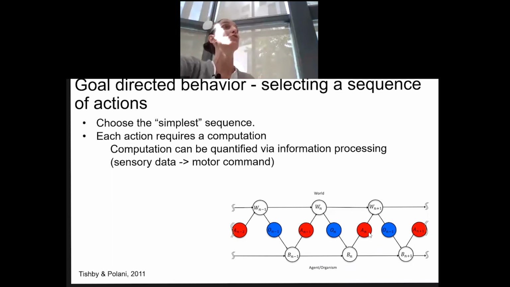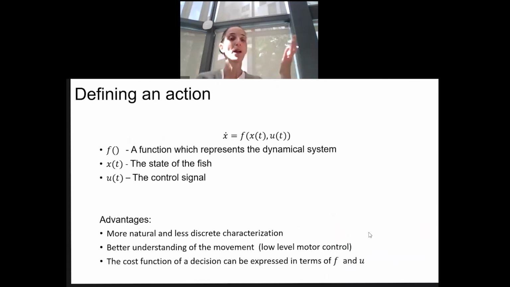What's the optimal policy toward the action? And so we played with the idea that perhaps we can define an action as a dynamical model, right? So there's this function f, a function of the state of the animal and some control signal that pushes the animal forward. And how did we approach that?